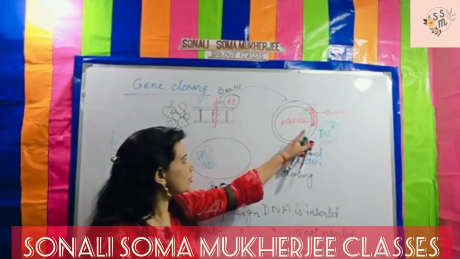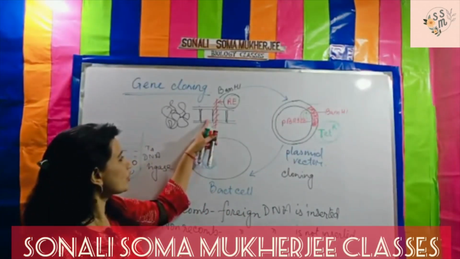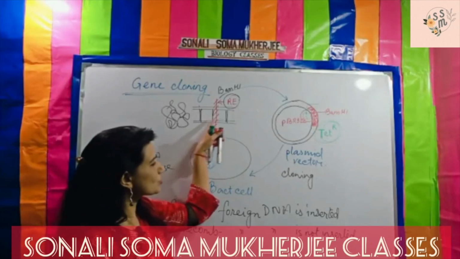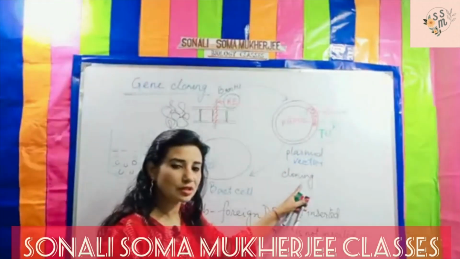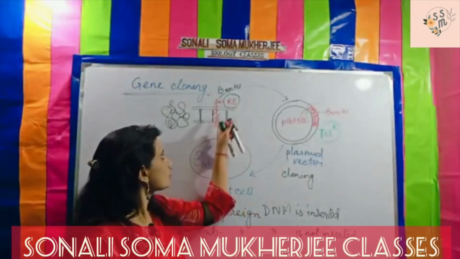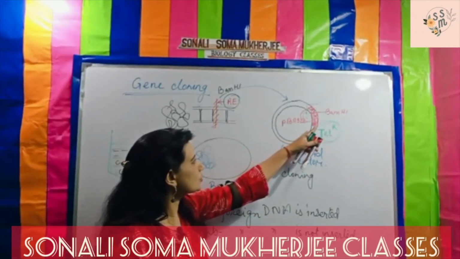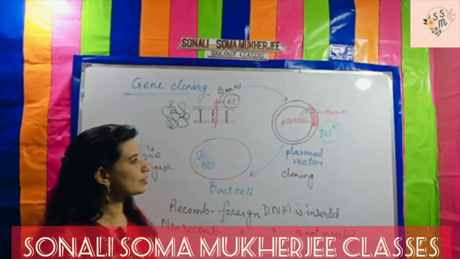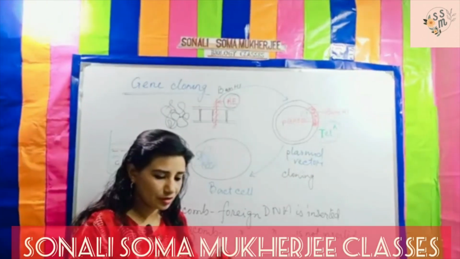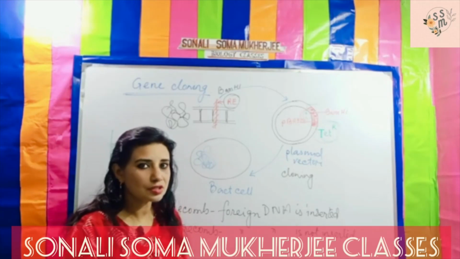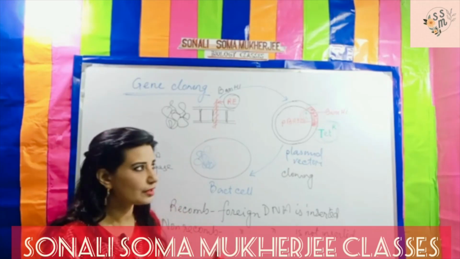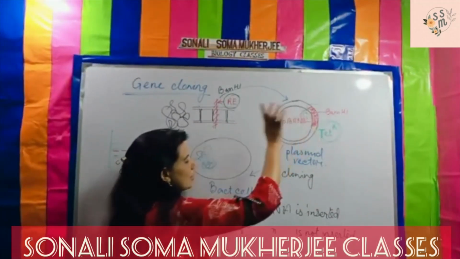As has happened in this case, the foreign DNA has been cleaved with BamHI. The plasmid vector is our cloning vector, which is the carrier for this foreign gene. It has been inserted. Why? Because BamHI has cleaved within the gene present over there, so it has lost its resistance to tetracycline, so it has broken up and the foreign DNA has been inserted.